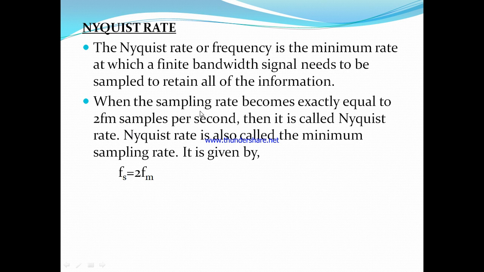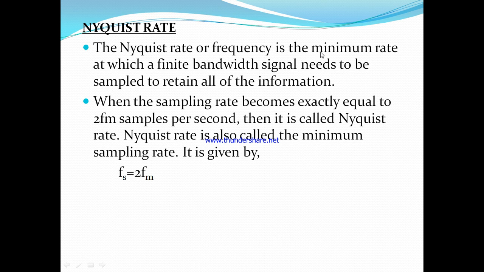If the sampling rate is less than 2 fm, we cannot recover the message signal from the sampled signal. So the minimum sampling rate should be equal to twice the maximum frequency of the message signal. That is the Nyquist rate.